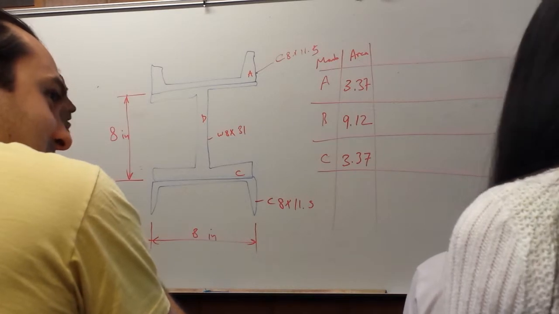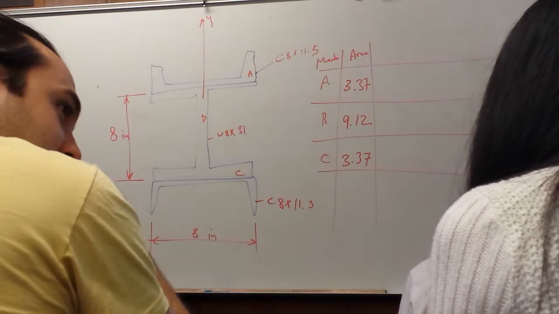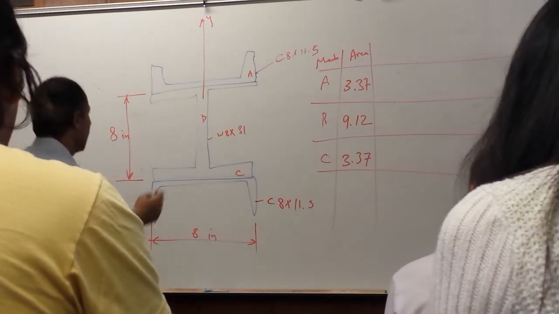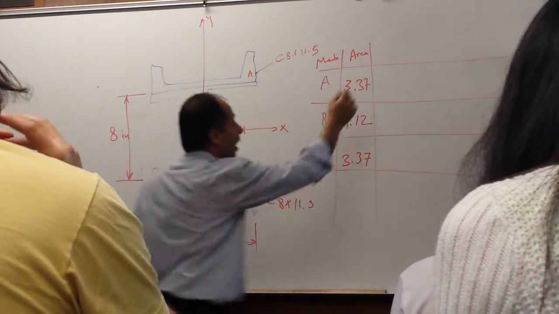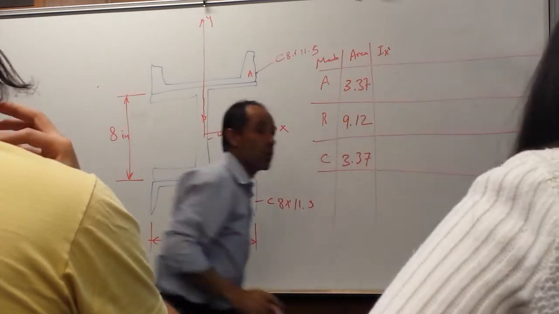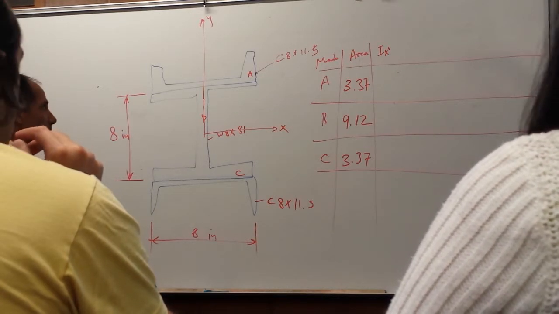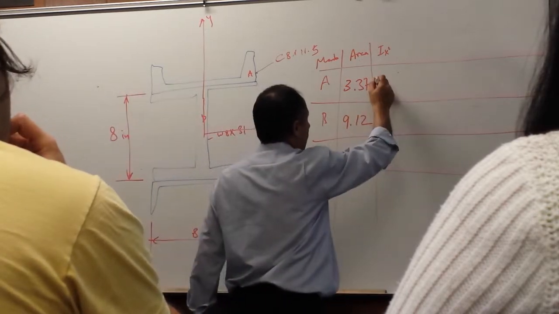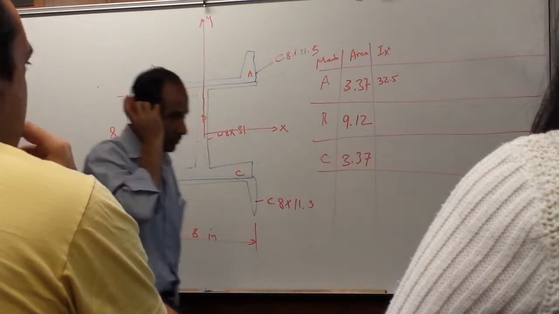The same axis. Sure. This is Y. Correct? Where is X? Right in the middle. And here is X. Moment of inertia in the X direction for each one at its own center of gravity is going to be what? 32.5 for the C. No, because it's turned on its side.